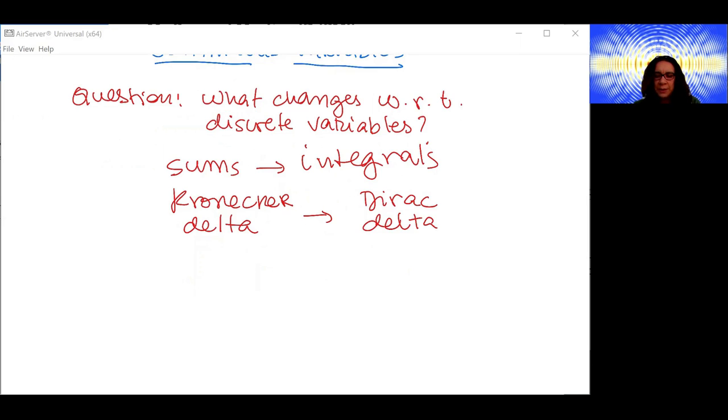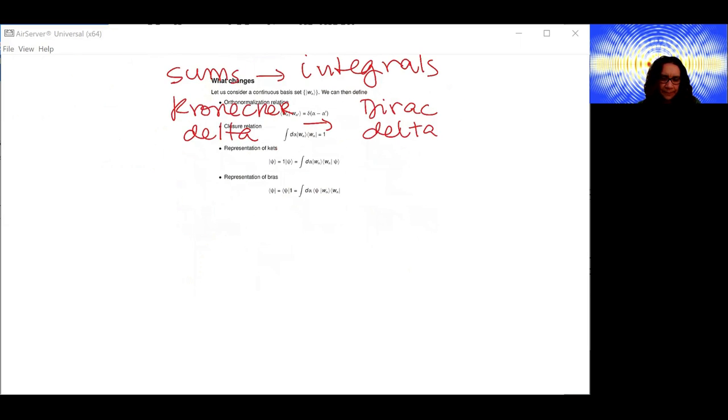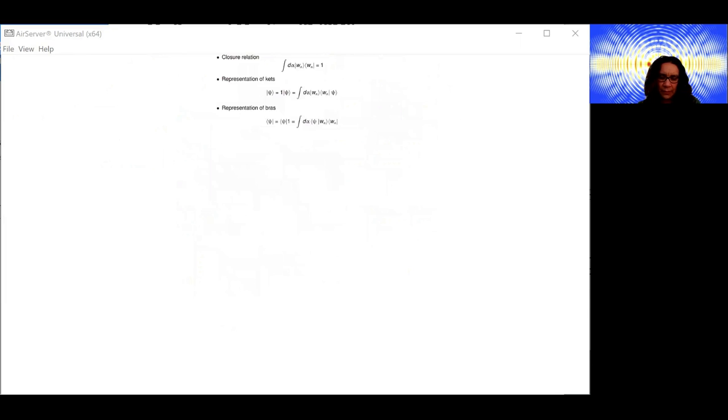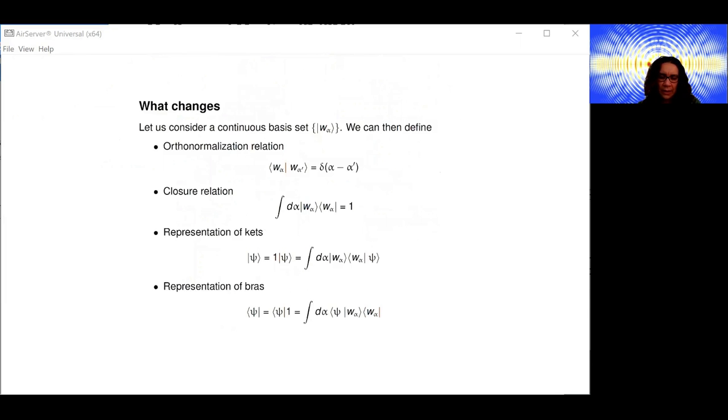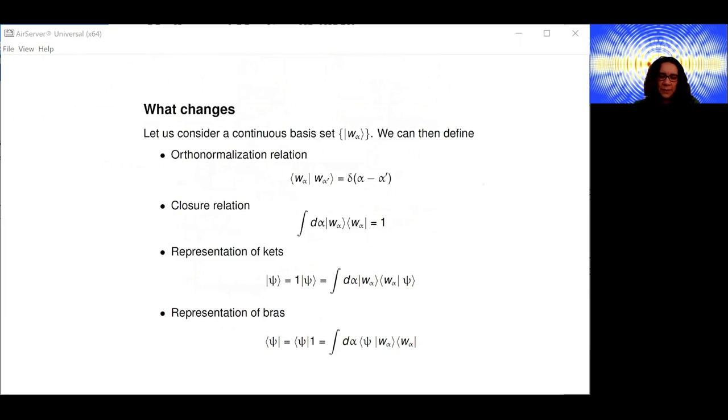And to be more specific then, we'll consider a continuous basis set. And here you can see you have these kets omega alpha.